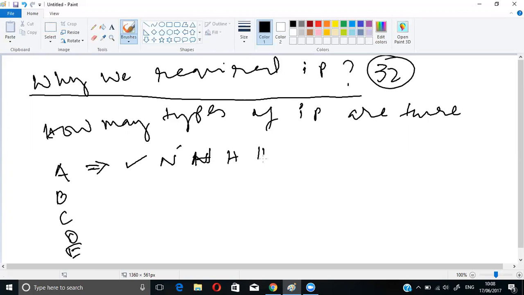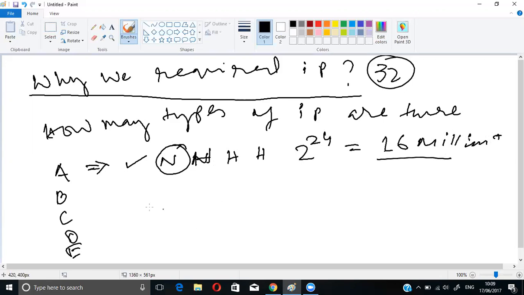This will be one network. So how many hosts will we get? 2 power 24, so it will be 16 million plus hosts from here.